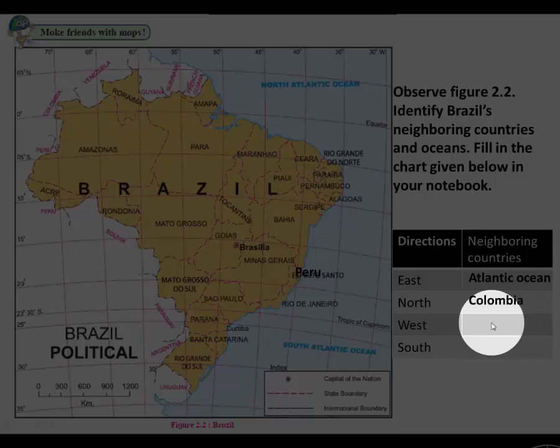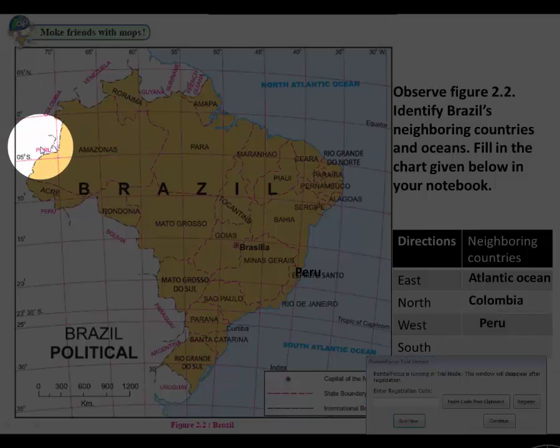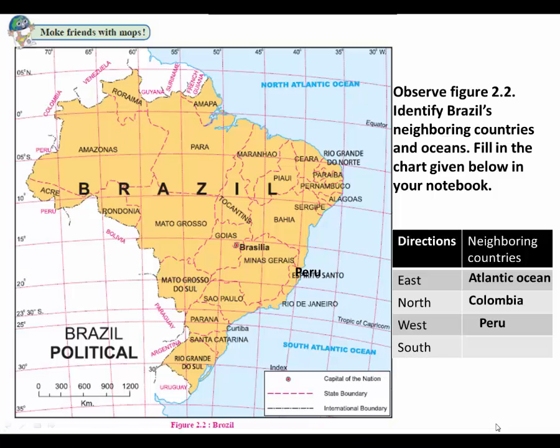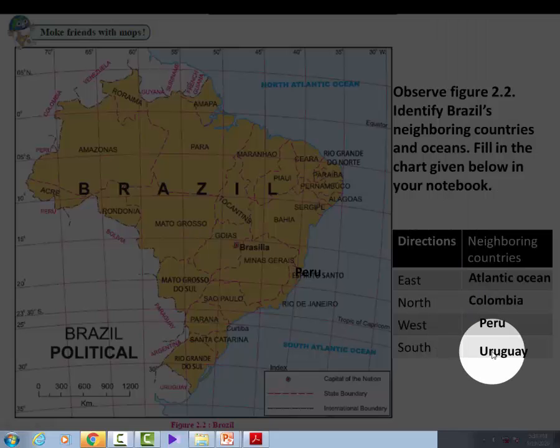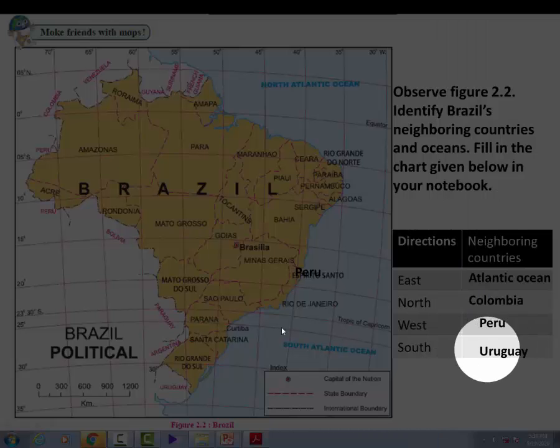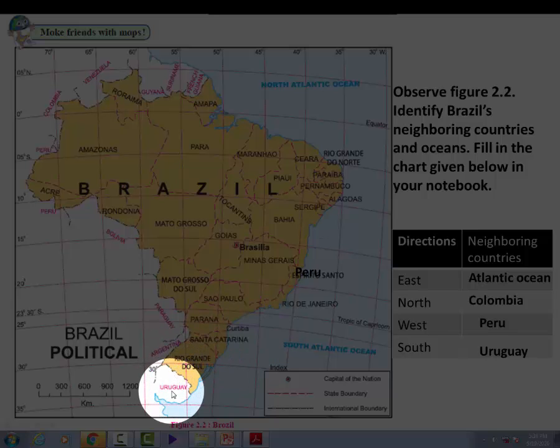Now from the west direction, see here, Peru. Okay, Peru country is there. And from south, Uruguay. See, it's here. Complete the table fast.